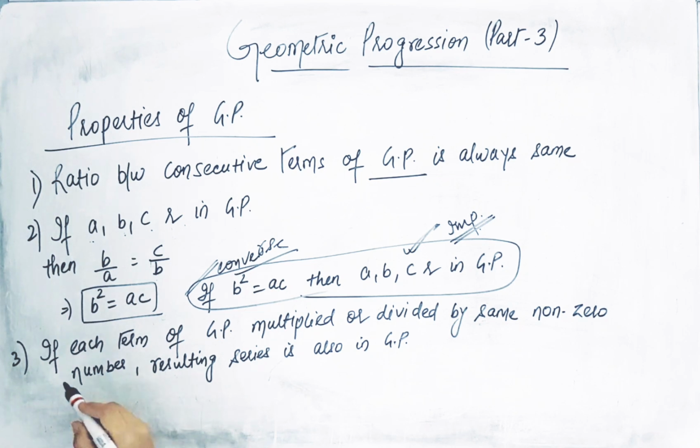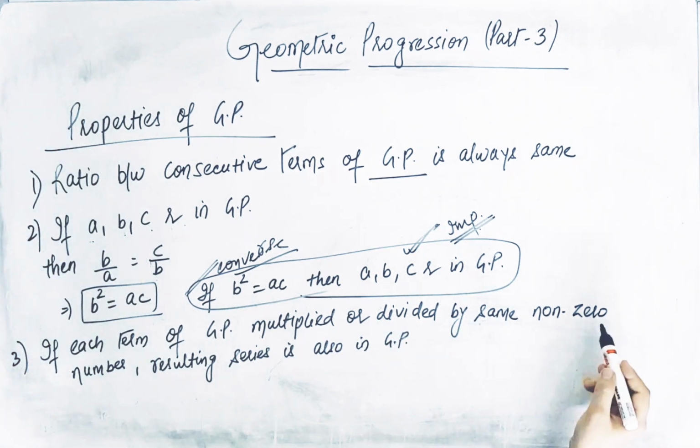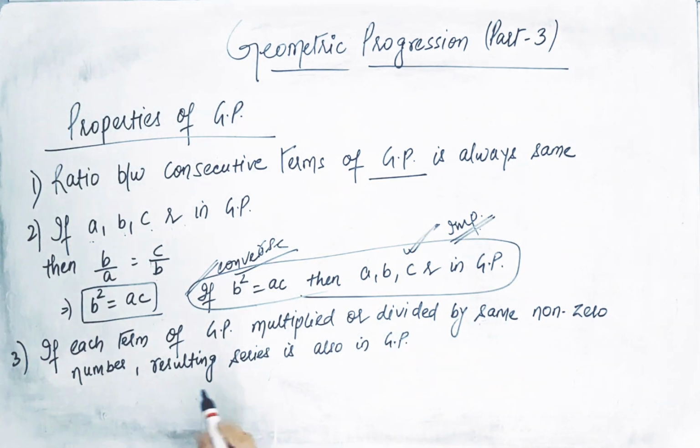Third property, if each term of GP is multiplied or divided by the same non-zero number, the resulting series is also in GP. Let's suppose we are provided with GP 2, 4, 8, 16 and so on. We know this series is in GP because the ratio is same.